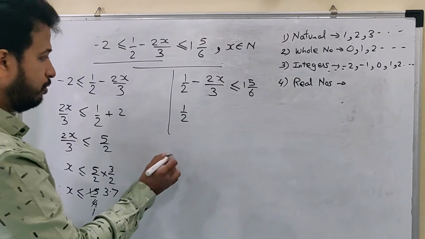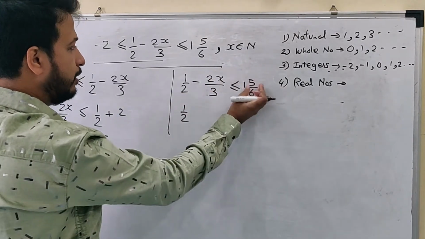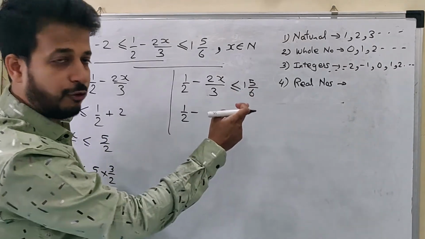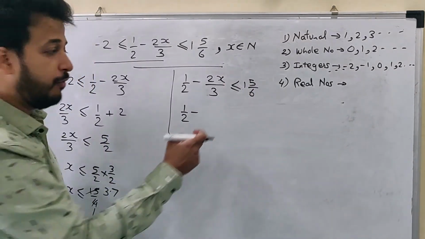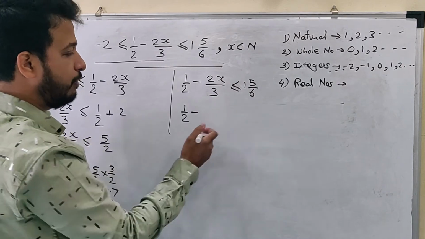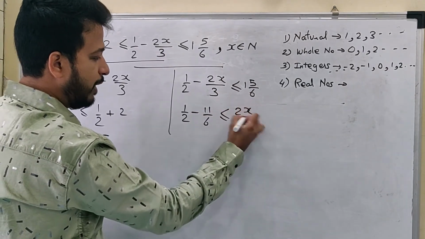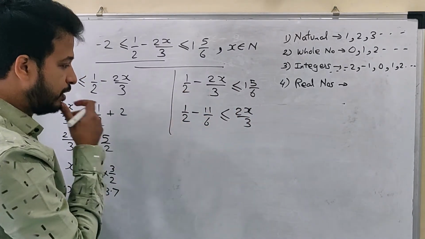And even this side I'll solve. So I'll take 1 by 2, I'll take this number on that side, I'll take this term on this side. So minus, and this is my mixed fraction, so I have to convert it into an improper fraction. So it becomes 6 1s are 6, 6 plus 5 is 11. So it is 11 by 6 less than or equal to 2x by 3. I'll solve this.